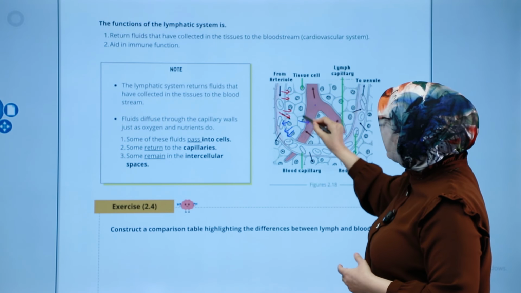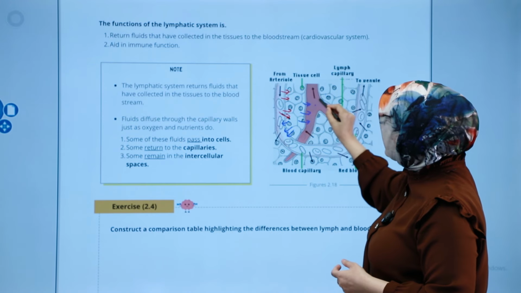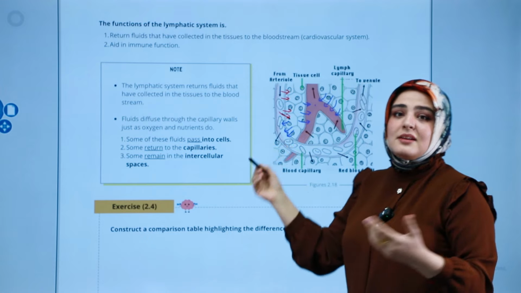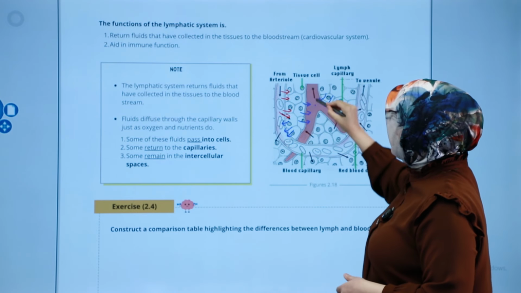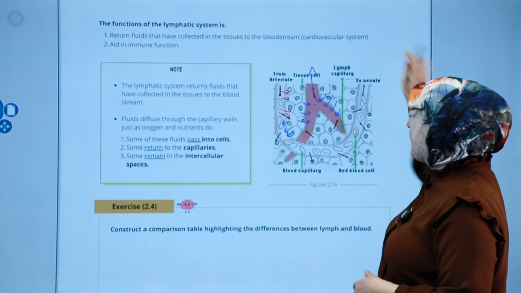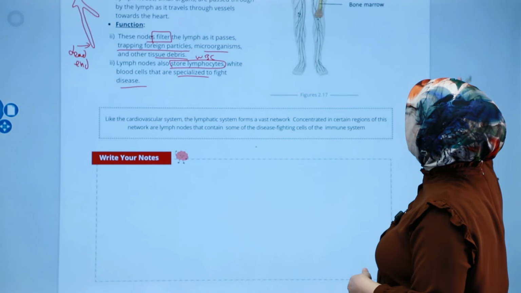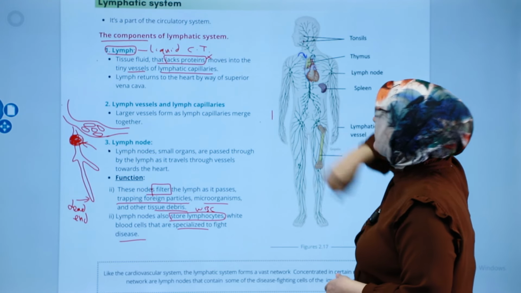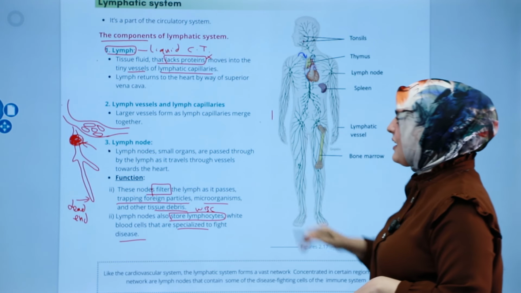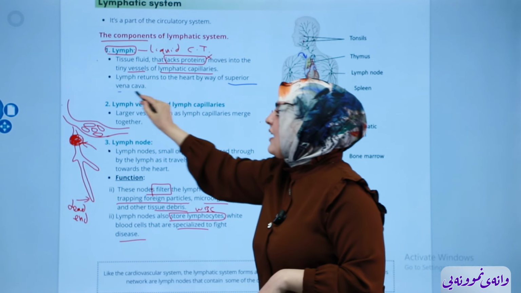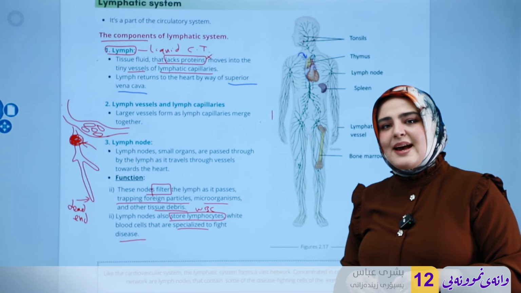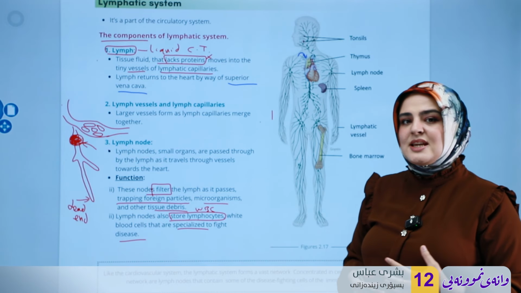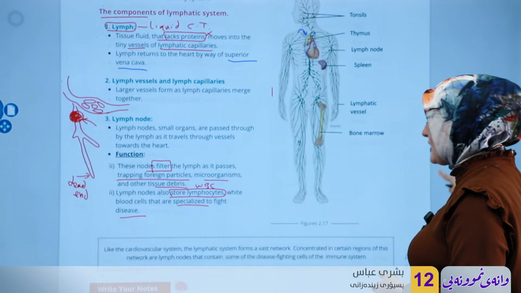The lymphatic system's job is just to take the excess tissue fluid that was left by the blood, and it's going to take it back up until it reaches the superior vena cava, and all of them are going to dump it in the superior vena cava. Here it is, the superior vena cava, and this is how they join back into the blood system. The volume of the blood is maintained, and at the same time the tissues don't get swollen.